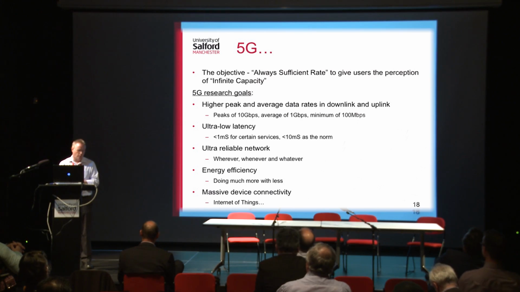Now clearly as engineers we can't build networks with infinite capacity. But actually if a subscriber wants 10 megabits per second, 20 megabits per second, 100 megabits per second or 1 gigabit per second, and they get that wherever they are, whenever they need it, of course they have this perception of infinite capacity. And that's exactly what the research is driving towards.